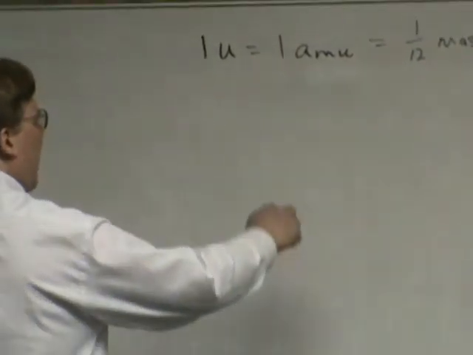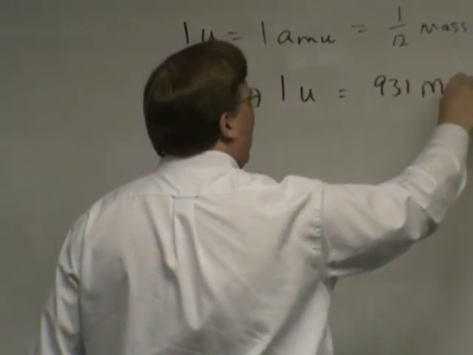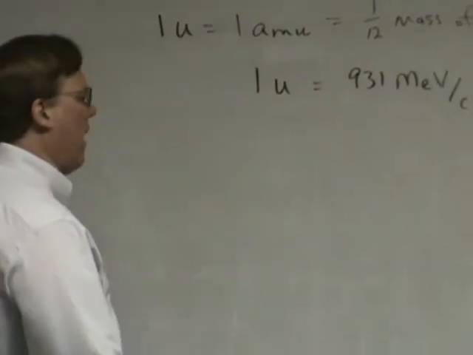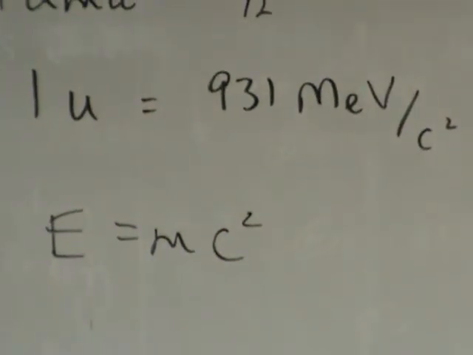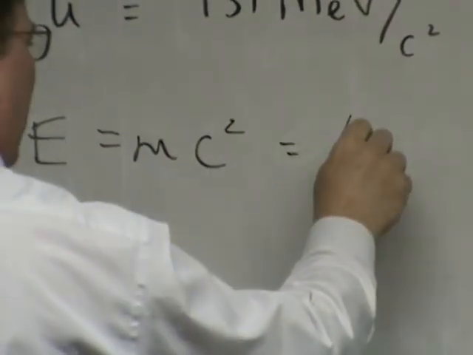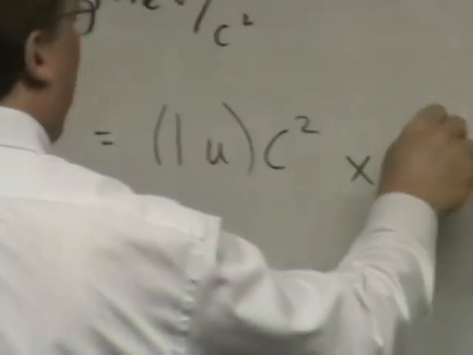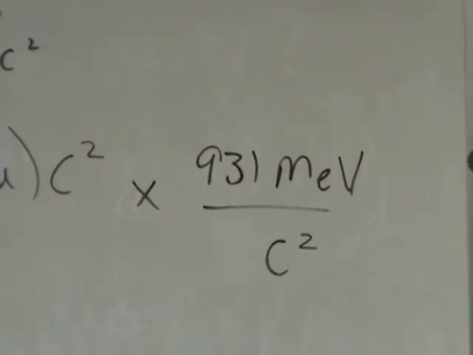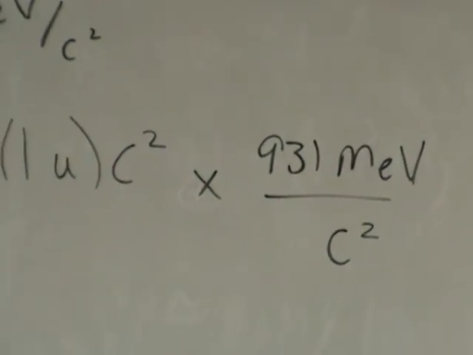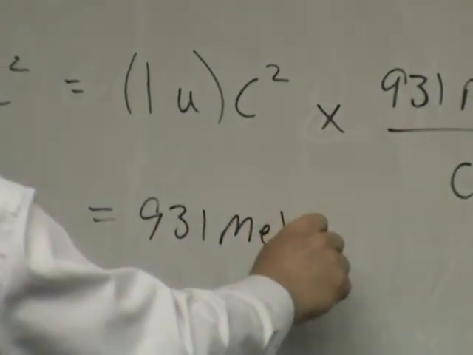When they say 1 atomic mass unit is equal to 931 mega electron volts over c squared, they're saying E equals mc squared, and our mass is going to be 1 atomic mass unit times c squared. If you multiply by 931 mega electron volts over c squared, that gets you the energy of 1 atomic mass unit. The energy of 1 atomic mass unit is 931 mega electron volts.